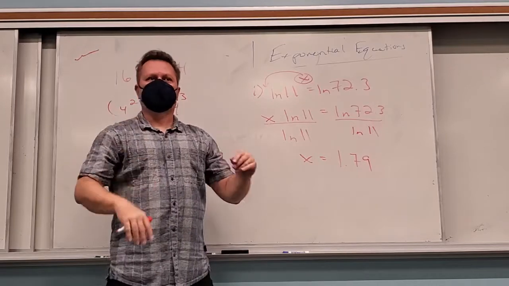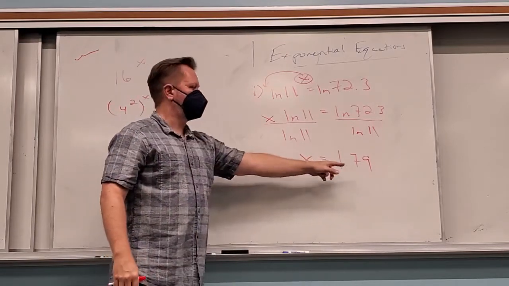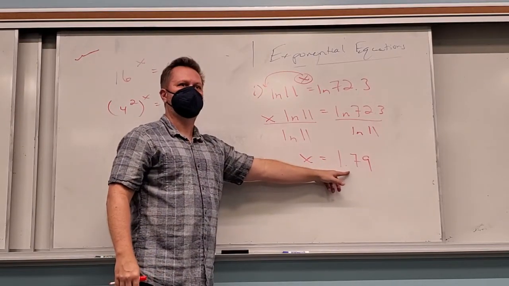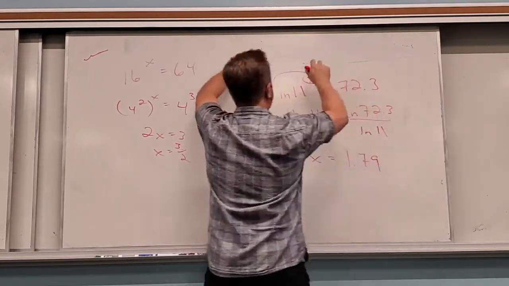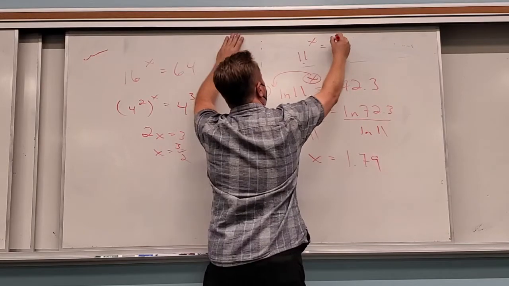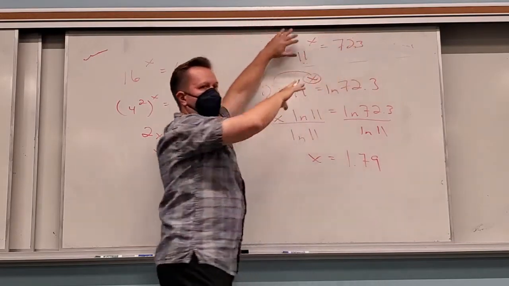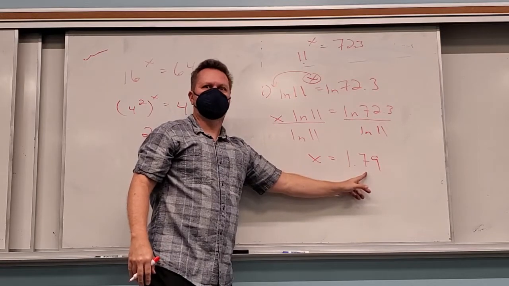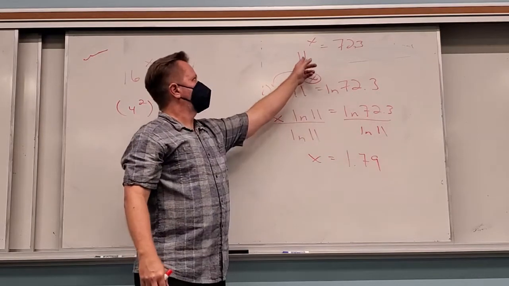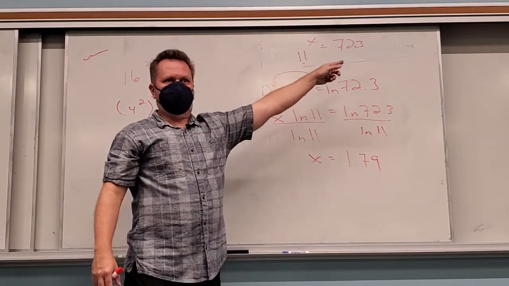Such a weird question. From what we've done, what should that number do? Remember, the original problem was 11 to the x equals 72.3. So what is this number supposed to do?